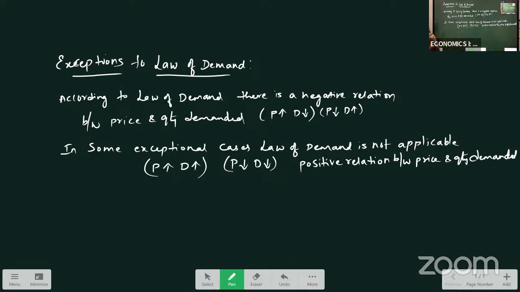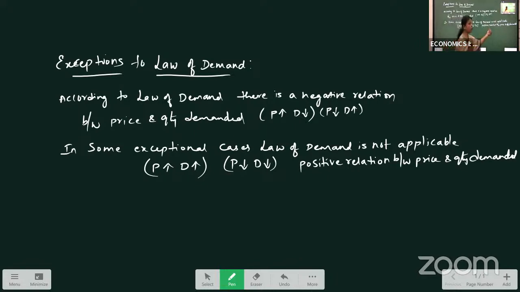In some exceptional cases, our law of demand is not applicable, right? What was explained in our law of demand? When price increases, demand decreases, a negative relation. But in certain exceptional cases, this law is not applicable. When price increases, our demand will not decrease. It may increase. When price decreases, our demand also decreases. So there exists a positive relation between price and quantity demanded.